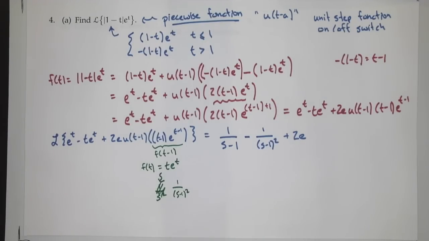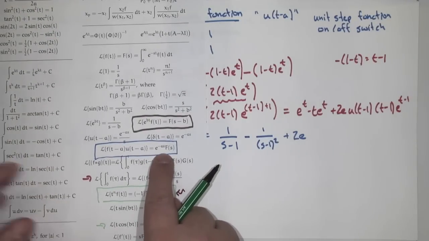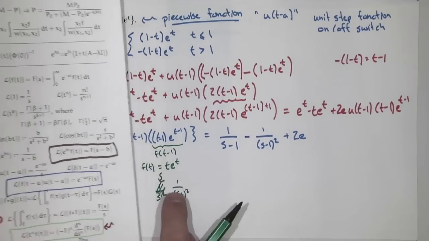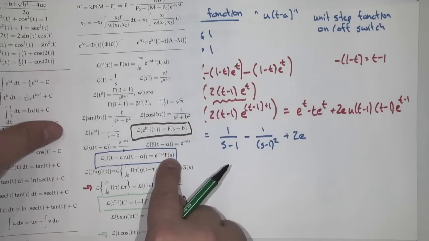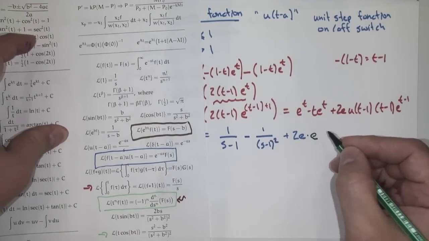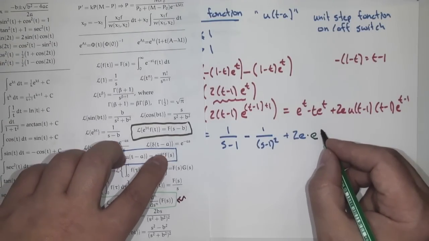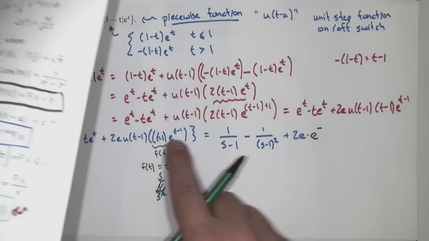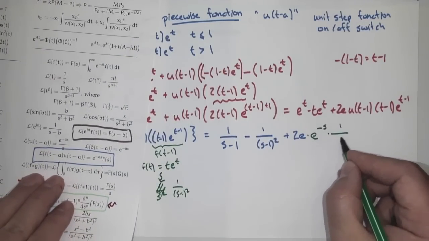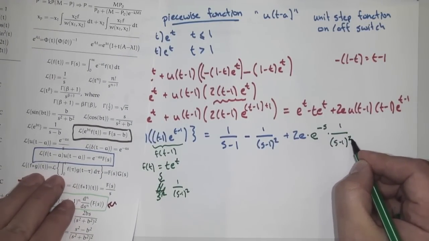Okay, so what comes here? Well, the punchline is you take that transform of f of t, that's what this f of s is, and you multiply it by an extra piece. So it's going to be e to the minus, here a is 1, so it's e to the minus s times 1 over s minus 1 squared.